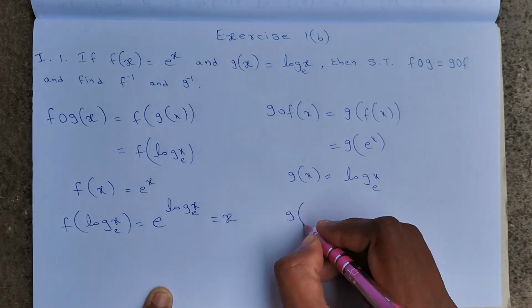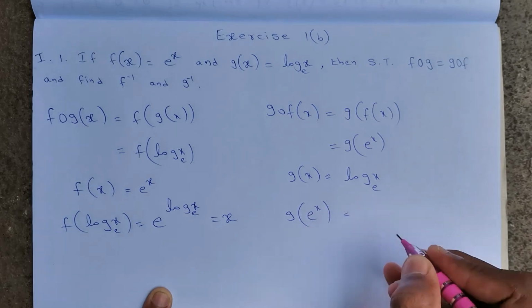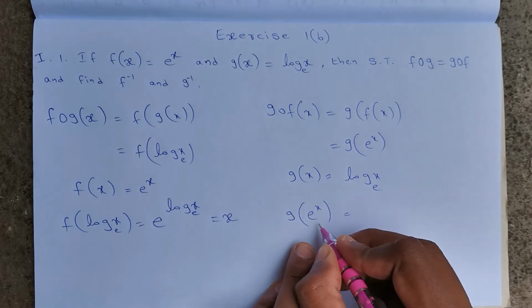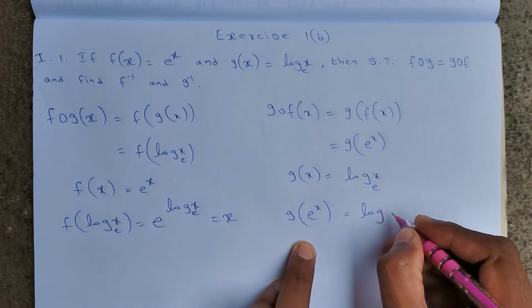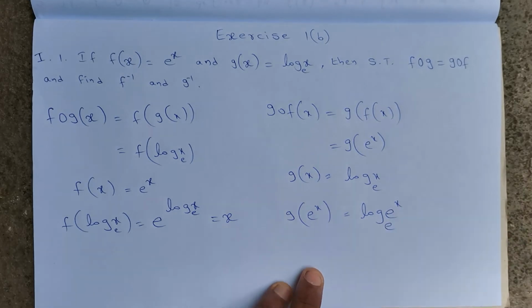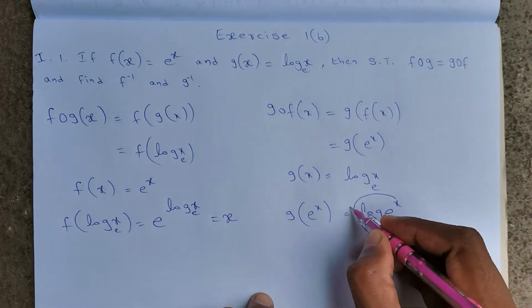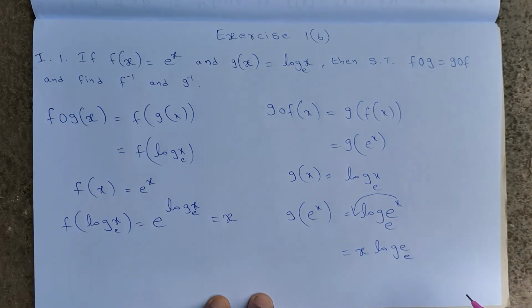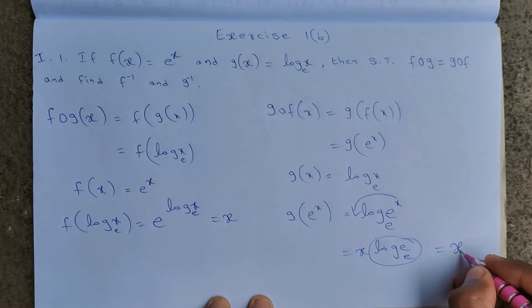Now we want g of e power x. So in the place of x we need to substitute e power x. Log, here x is there, so in the place of x, e power x, base e as it is. Now this x will come to the front, so we get x times log e base e. Log e base e value is 1, which is equal to x.